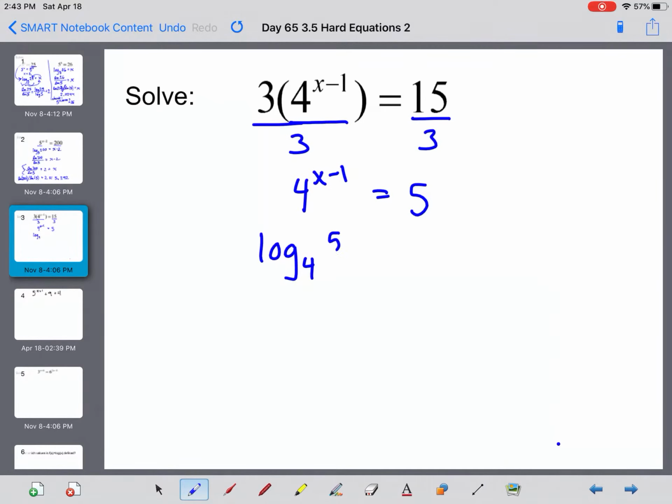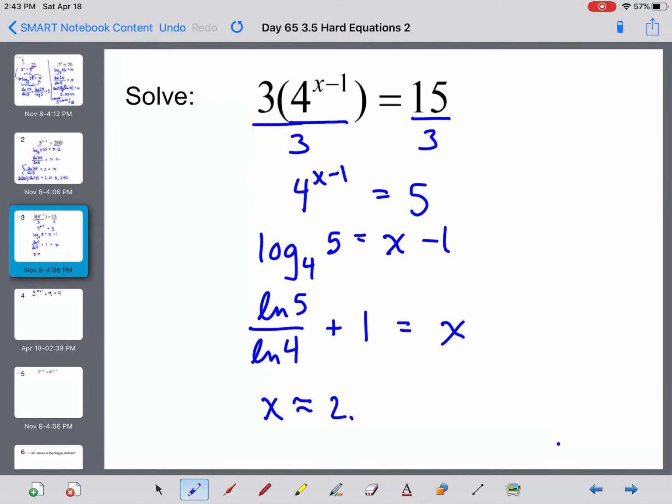So this will be log base 4 of 5 is equal to x minus 1. Log base 4 of 5 is just a number. I'm going to use my change of base formula. And then notice we can add 1 to both sides, and whatever that is is my exact answer. And the approximate answer, you should get just a little bit bigger than 2.